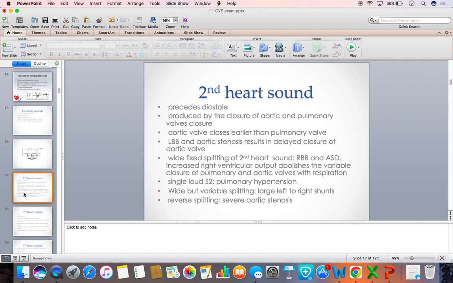And split is also appreciated in atrial septal defect. In atrial septal defect, the split of the second sound is wide and fixed.